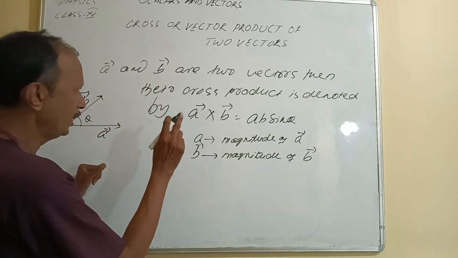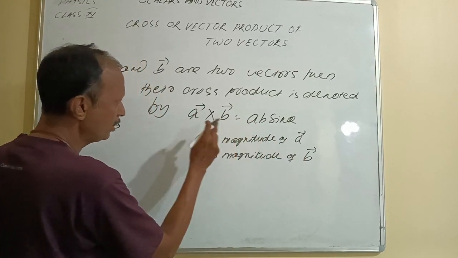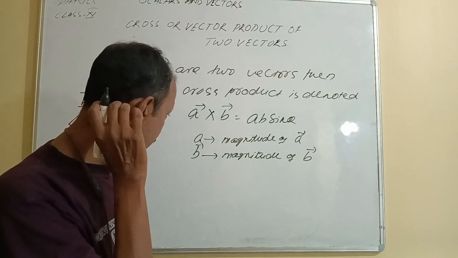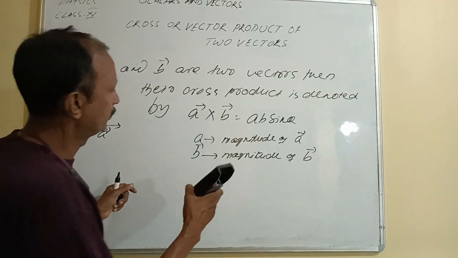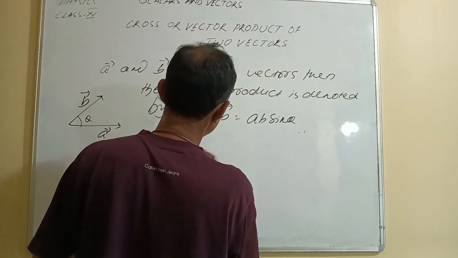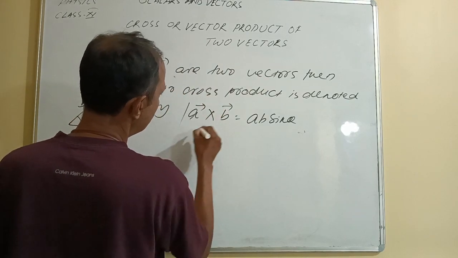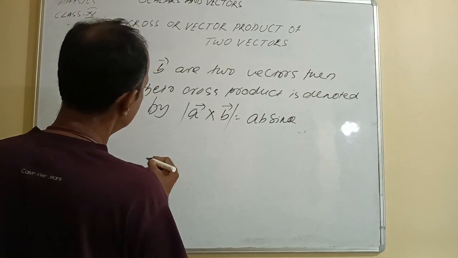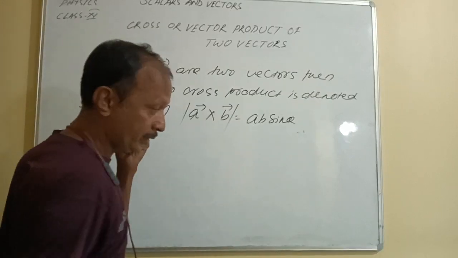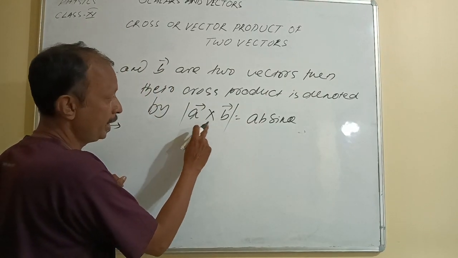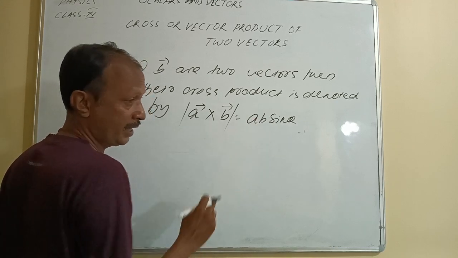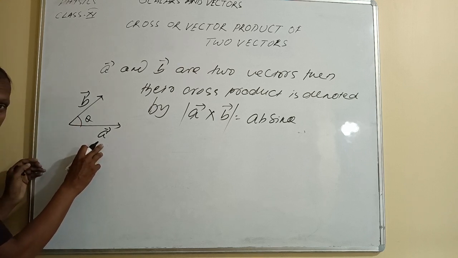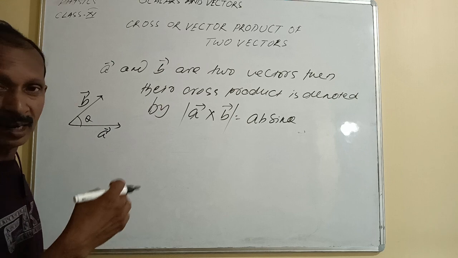That means A is a vector, B is a vector, and A cross B is also a vector. I have written the magnitude of A cross B, mod A cross B, equal to AB sin theta. That means it is the product of their magnitudes and the sine of the smaller angle between them.